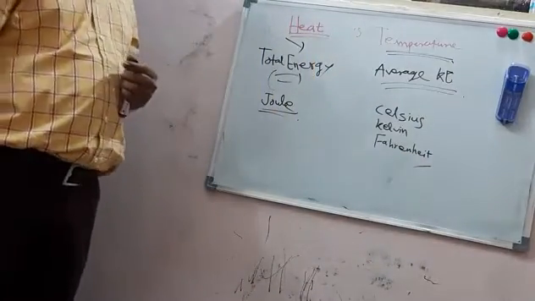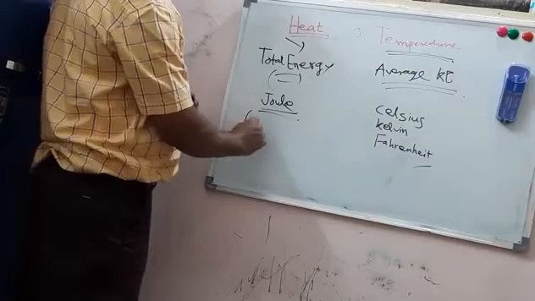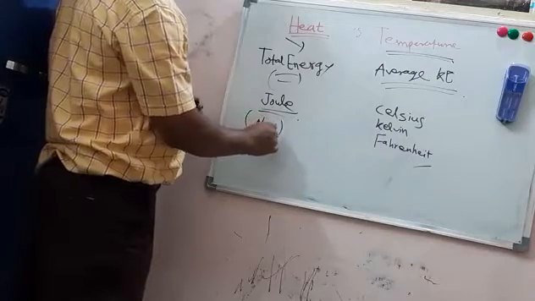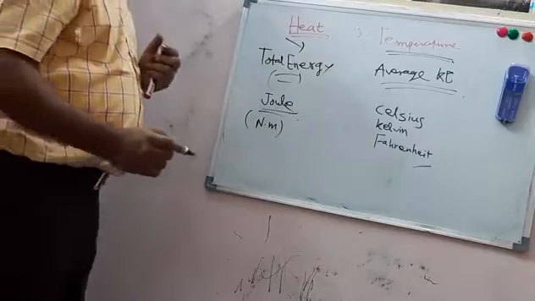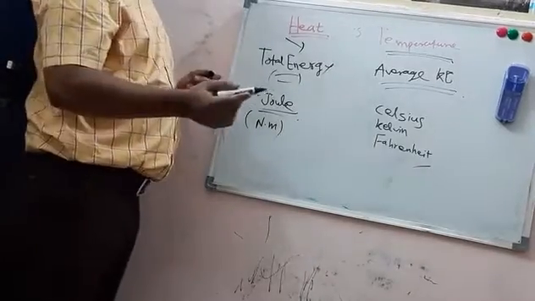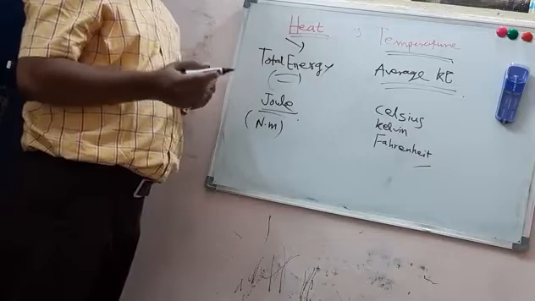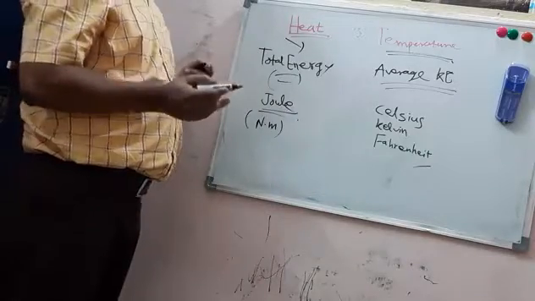So 1 joule means Newton meter, or the work done to move an object by a distance of 1 meter.